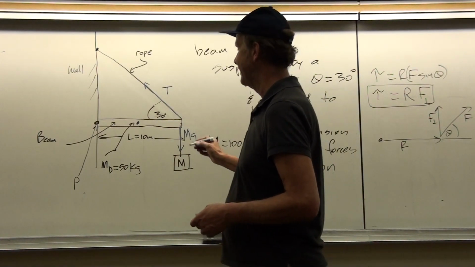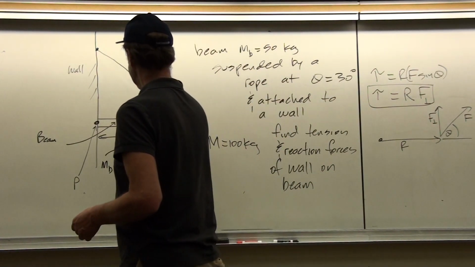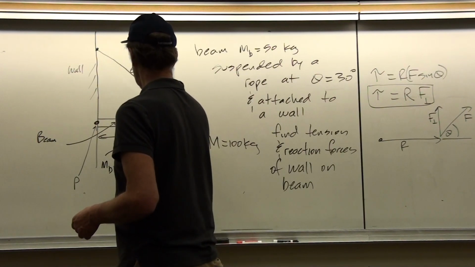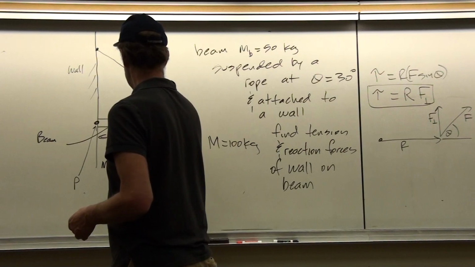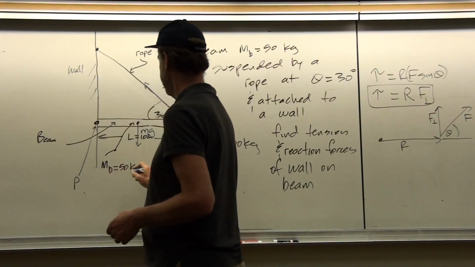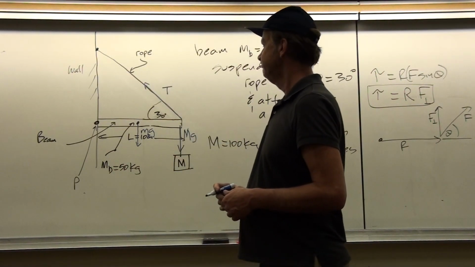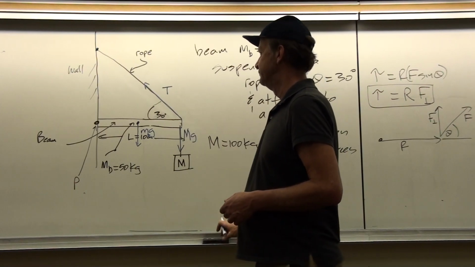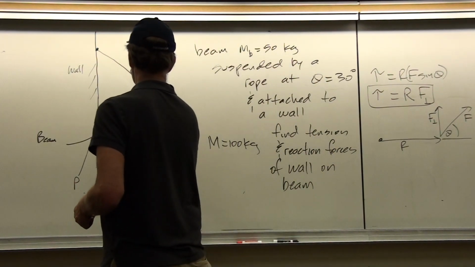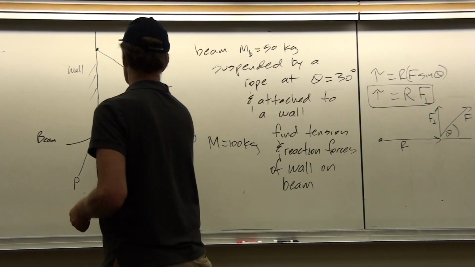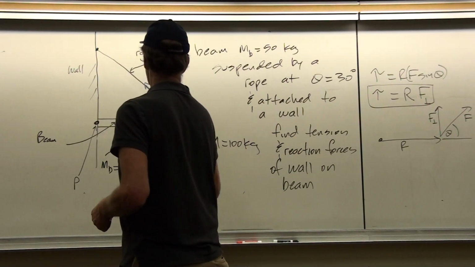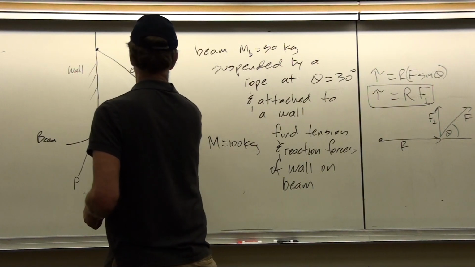And that'll give us the right answer for the problem if we do that. And so we'll call this little m G, where little m, or m_b, is the mass of the beam, which is 50 kilograms. And then the entire length of this beam is 10 meters. So that's the length L here.